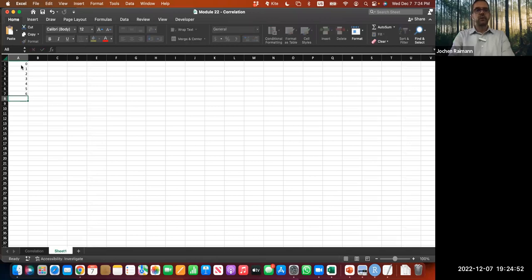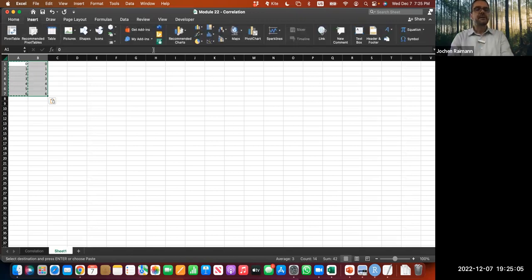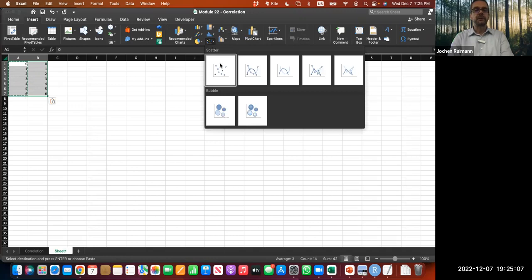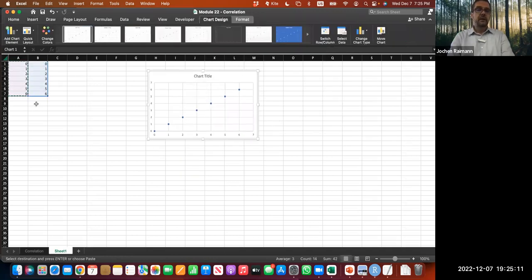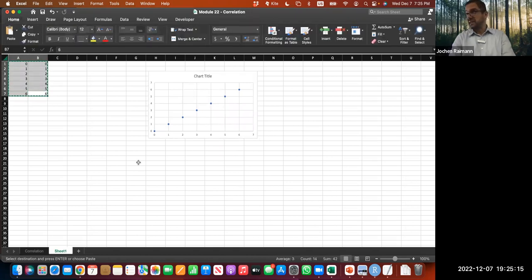So if variable 1 changes, variable 2 doesn't change. So this is a perfect correlation, right? The null hypothesis, so this is a significant correlation. You're testing against this.